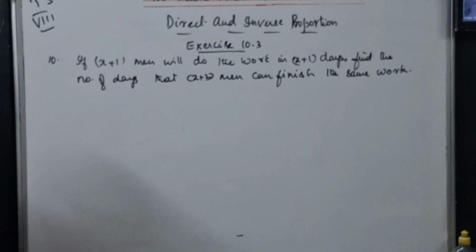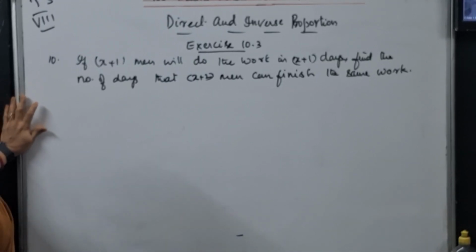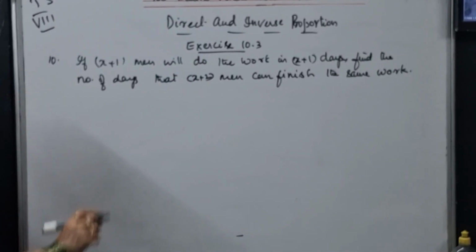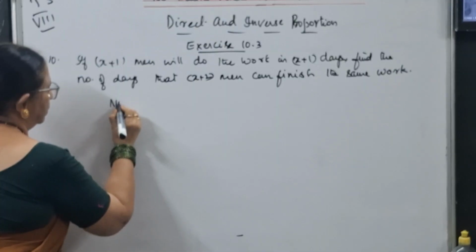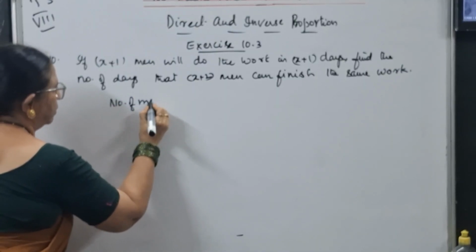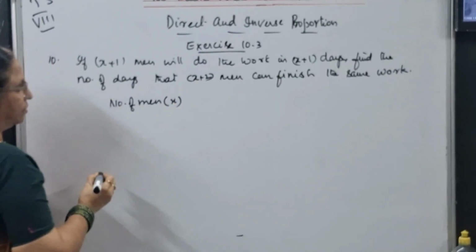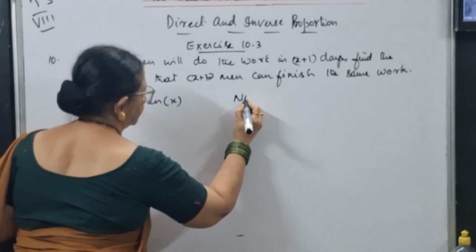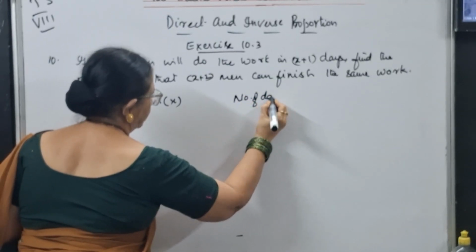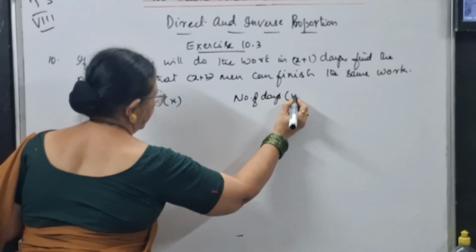Now 10th problem, children. If x plus 1 men will do the work in x plus 1 days, find the number of days that x plus 2 men can finish the work. So here, number of men, consider it as x, and number of days as y.